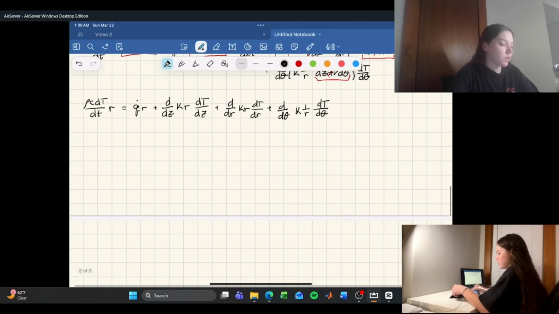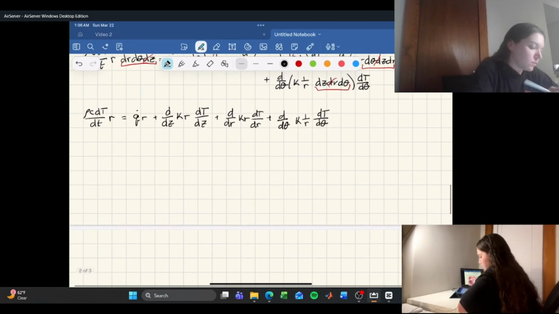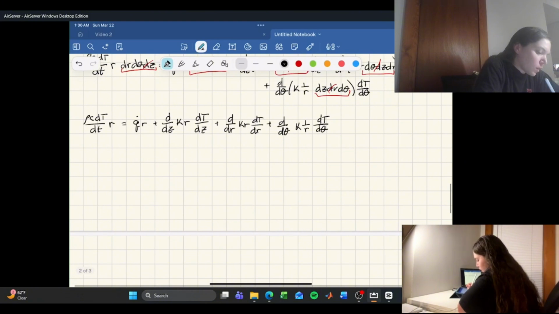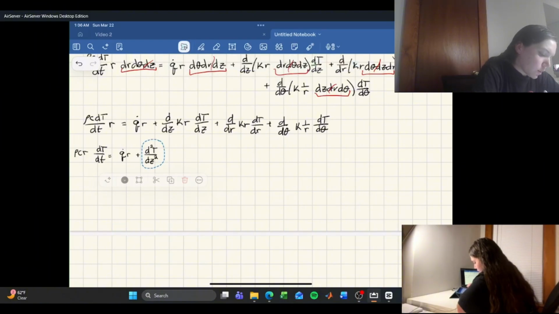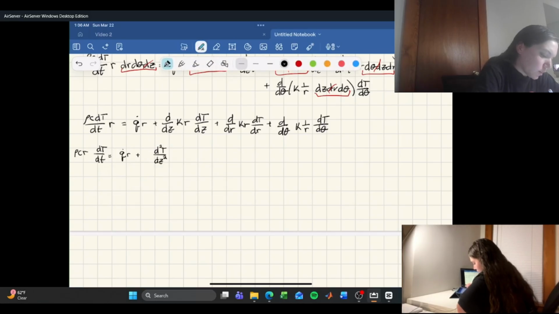So I'm going to simplify this a little bit, or clean it up. This side will stay the same. This term can stay the same, but I can simplify this here, which is just the second derivative, the change in temperature over the change in position. I'm also going to factor out the k's here.